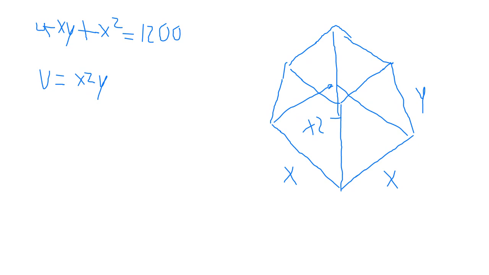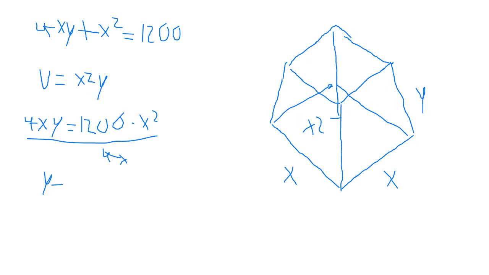That's easier. First you subtract x squared, and we get 4xy equals 1200 minus x squared, divided by 4x. So y is equal to 1200 minus x squared over 4x.